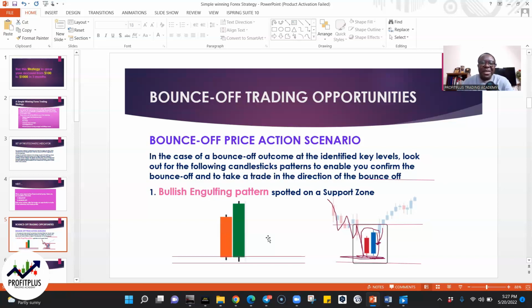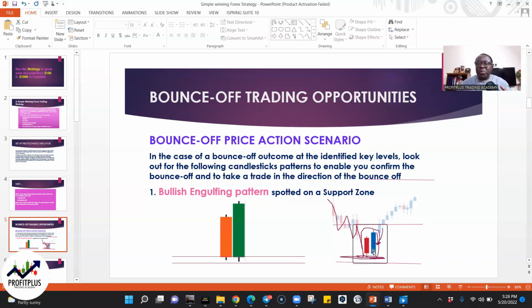All right, one of them is the bullish engulfing pattern, and a bullish engulfing pattern is spotted at a support zone. And this support zone should also align with the stochastics, when the value of stochastics is below 20, being oversold.